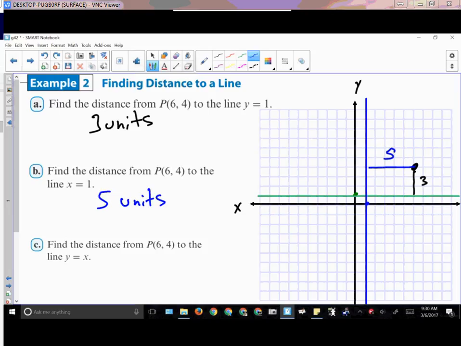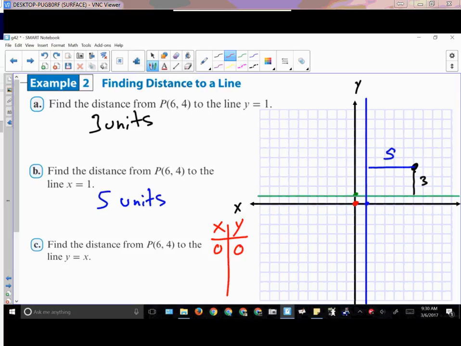Now, what about the other line that they got here? y equals x. What kind of a line is that? Okay, it's going to go through the origin. We know that. So we got 1 point there. So what would be another point? I want another point. Let's see, if we got to come up with that, let's do this. x, y, we got 0 and 0.